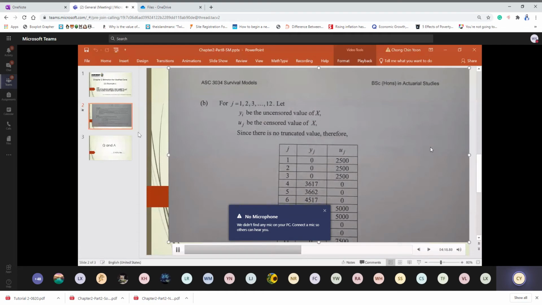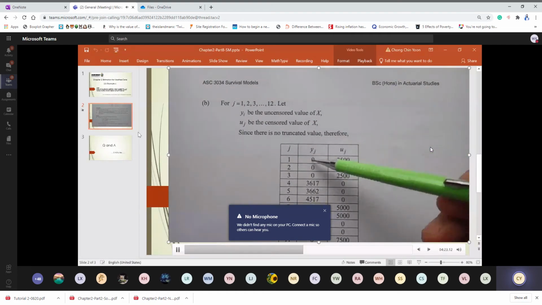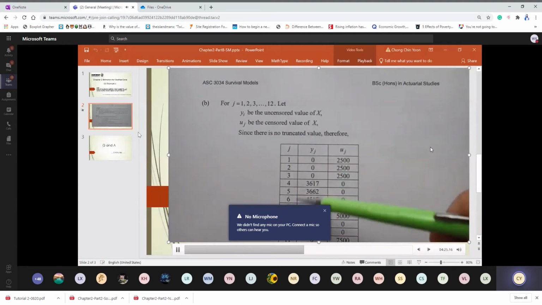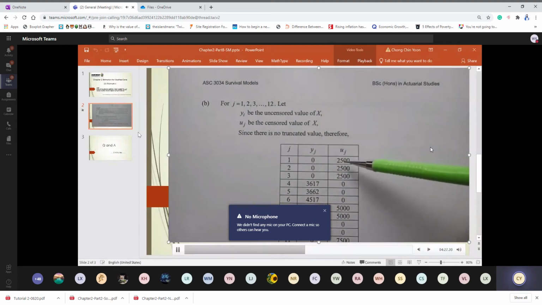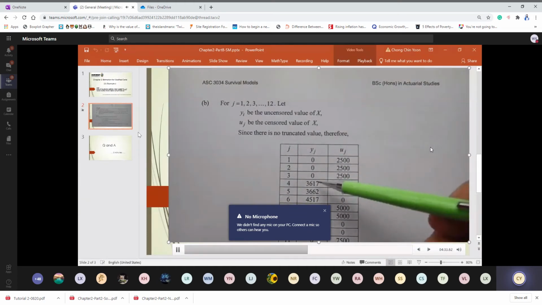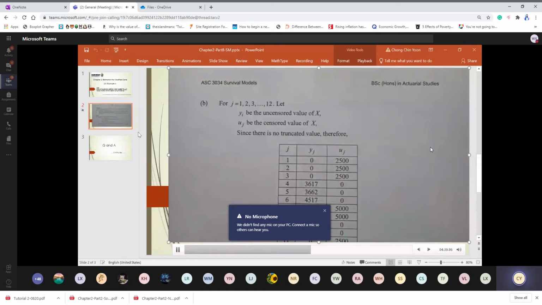For part B, now you can see that this is our original 12 data here. The question says that if 2005, 5000 and 7005 are the censored values, the remaining become the uncensored values for the Y. So from here, you can construct another table.